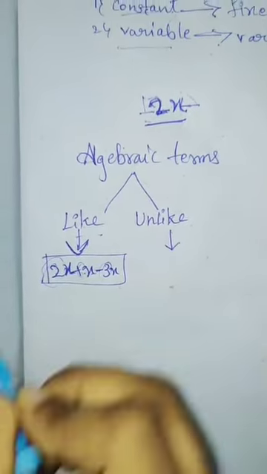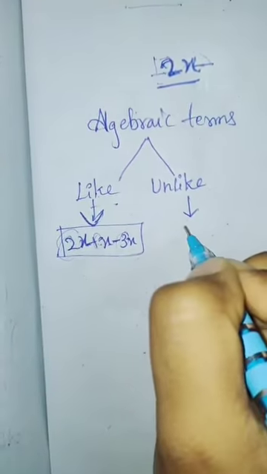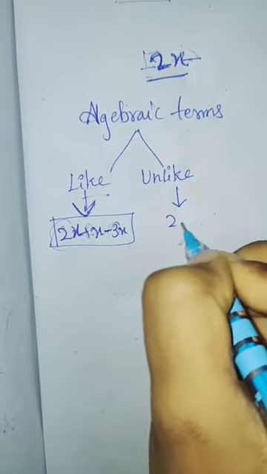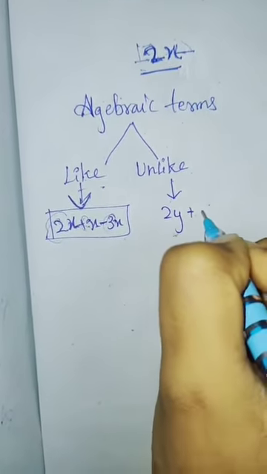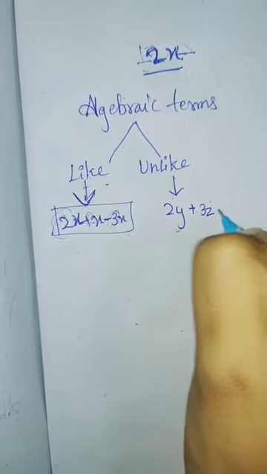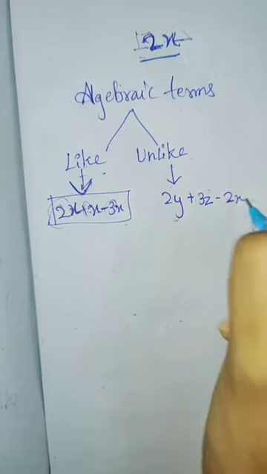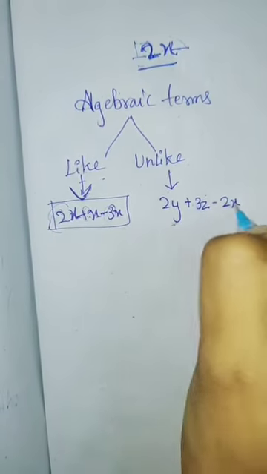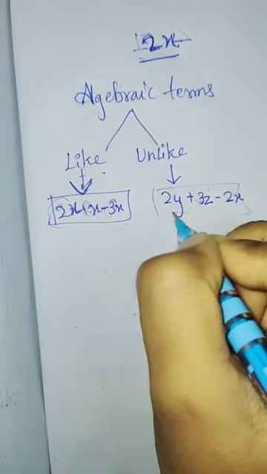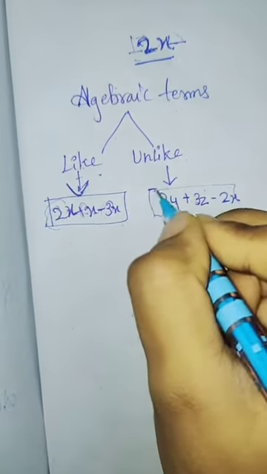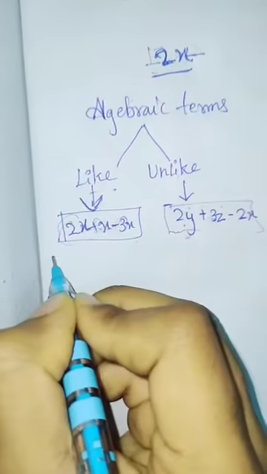Whereas unlike terms have different variables. For example, 2y plus 3z minus 2x. Here all the variables are different. So this type of algebraic terms are called unlike terms.